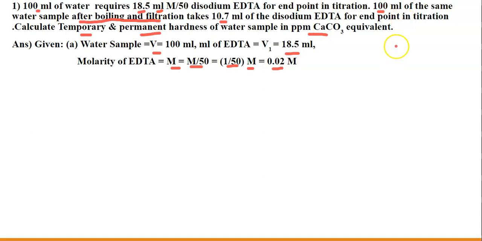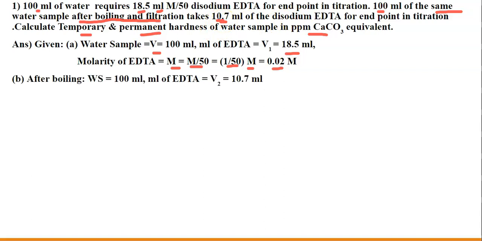In the second line, it is given that 100 ml of the same water sample after boiling and filtration. So again we took 100 ml of the same water sample, but it was first boiled and filtered. It required 10.7 ml of EDTA for the endpoint.